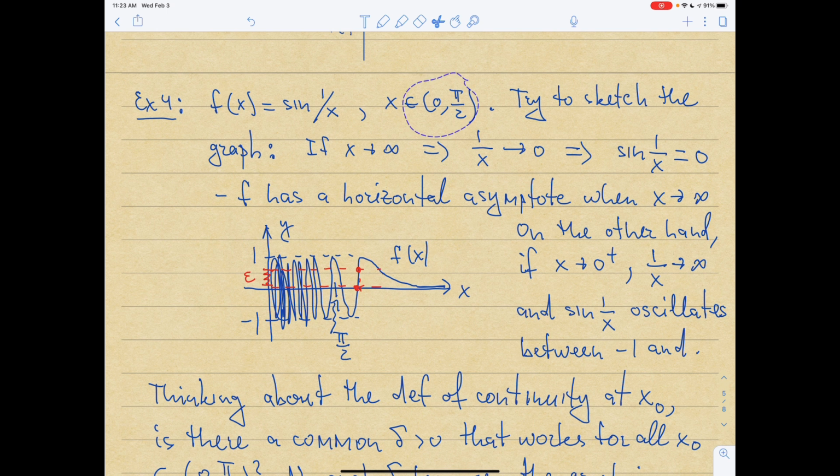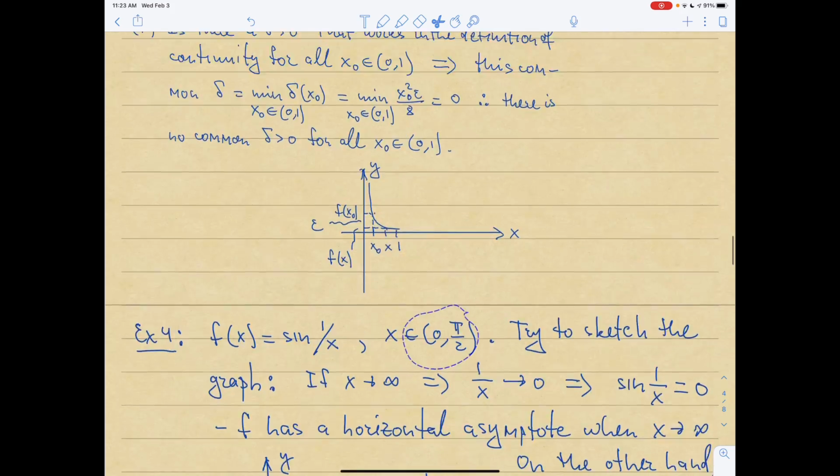I can include pi over 2, but I cannot include 0 because I cannot make this function continuous at 0 just by modifying its value at a single point, because the function starts oscillating infinitely fast as we approach 0. So we have a continuous function, but the interval is not closed.